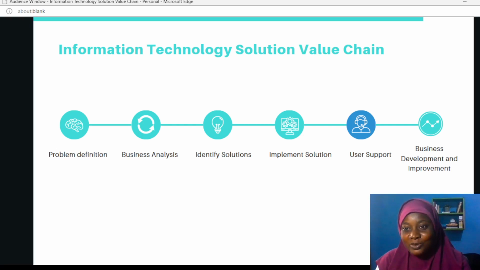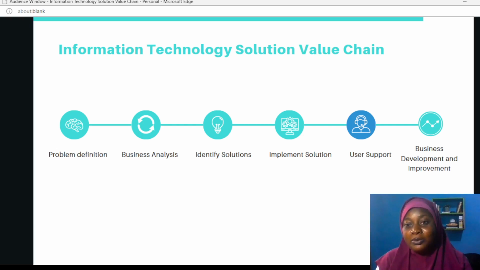People start using the solution. There is need for user support to ensure that the solution runs effectively and is always running without much issues. Then there's also the business development and improvement part: improving the software solution, and also creating a business case for the product.